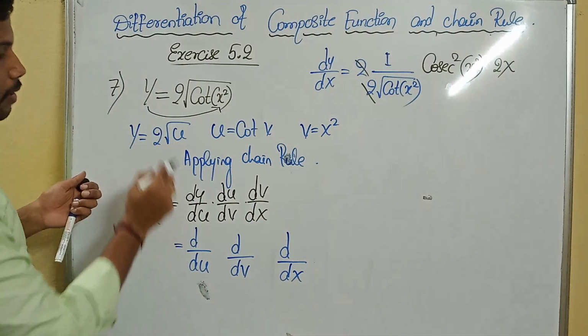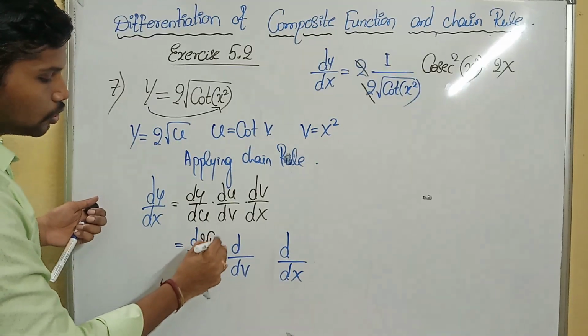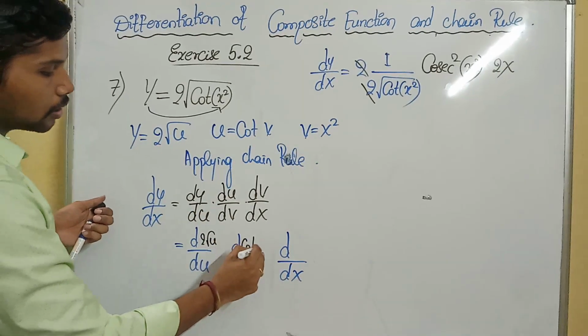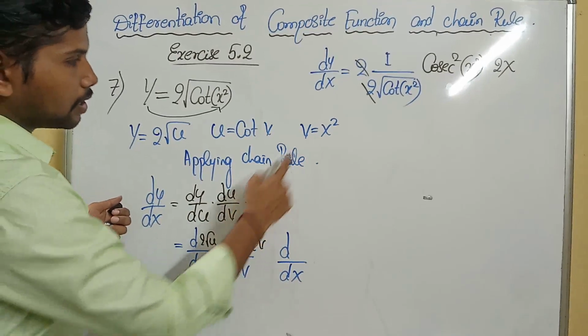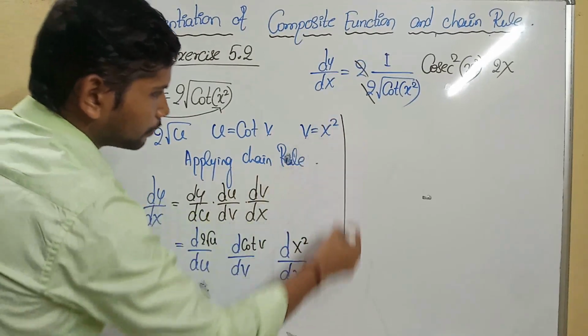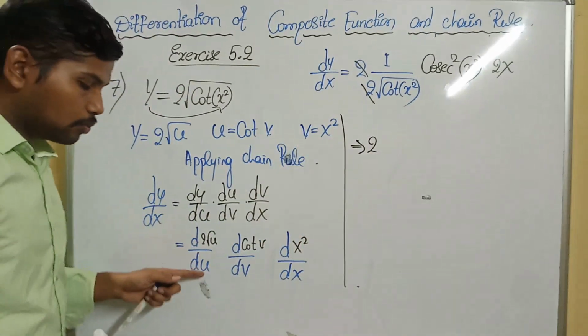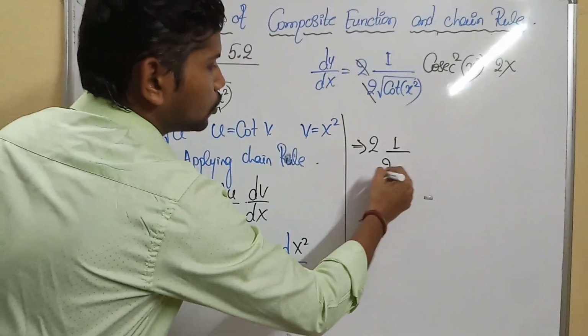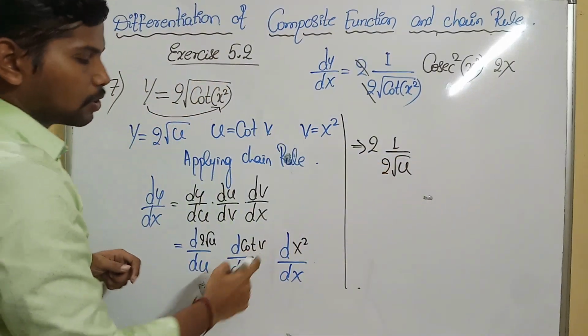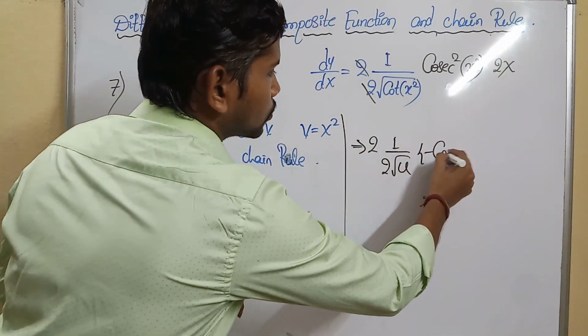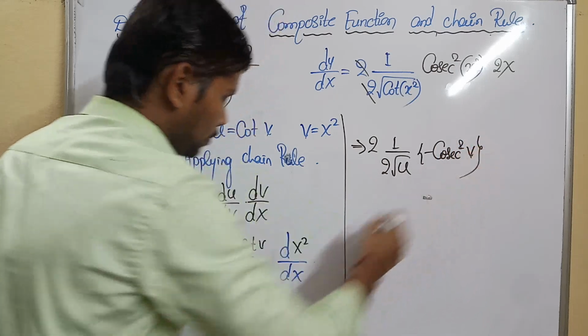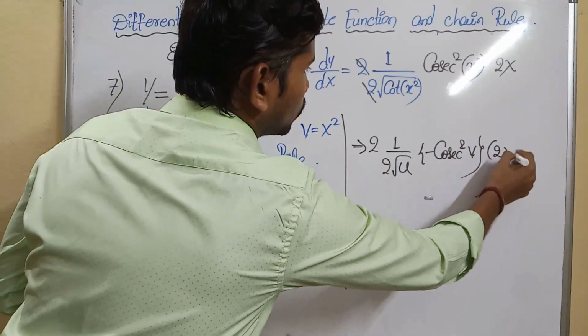Okay. What is the y value? It is 2 root u. What is u? It is cot of v. What is v? x square. Okay. I'll write this 2 as it is. Root u with respect to u, 1 by 2 root u. What is cot v derivative? Minus cosecant square v. x square derivative will be 2x.